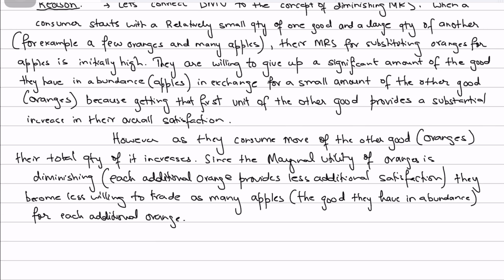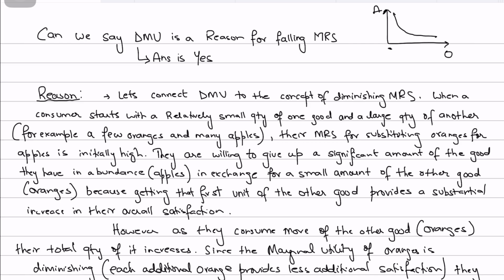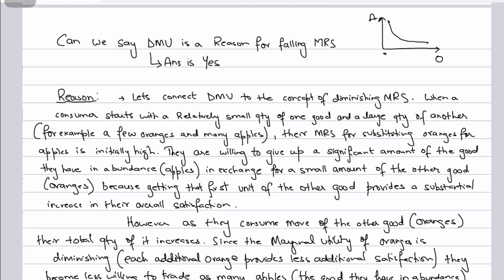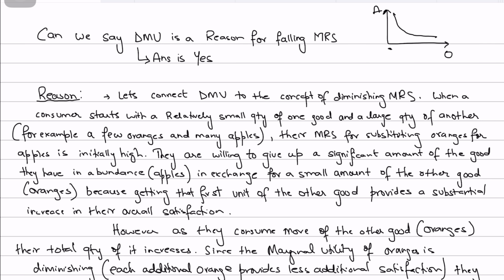What this means is that initially, for every incremental orange, the marginal utility, the additional satisfaction that you would get from X, is very high. And so in that sense, you are willing to forgo more of Y for each incremental X.